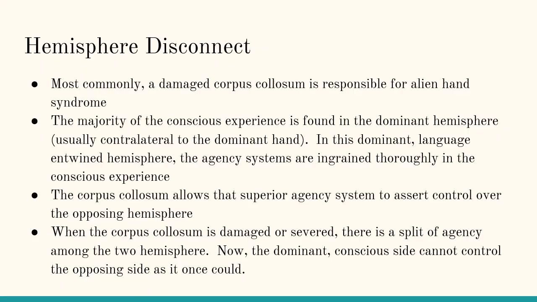So the final component of the disorder forces us to look at the way the hemispheres communicate intent to one another. The dominant hemisphere houses a majority of the conscious experience and relates to itself with access to language areas in its own hemisphere. The other hemisphere contains the agency mechanisms as previously discussed, but it receives a lot of influence from the dominant conscious side.